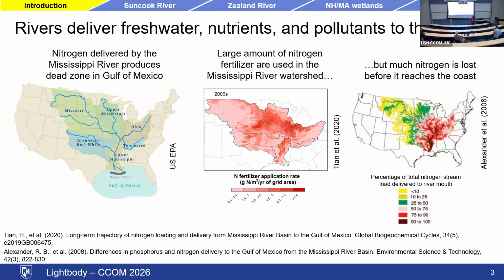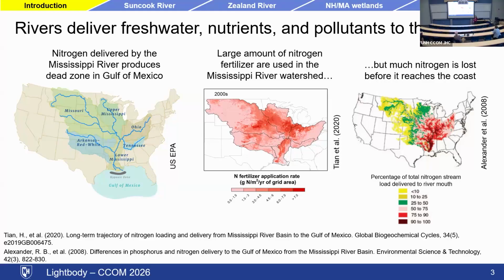Only the portion that enters right close to the exit actually, 100% of that, makes it out to the Gulf of Mexico. Farther up, fertilizer that's applied to fields that are farther away from the outlet does enter the streams, but as those streams travel down the length of the Missouri and the Mississippi, reaching down towards the mouth of the Mississippi, they are losing nitrogen.